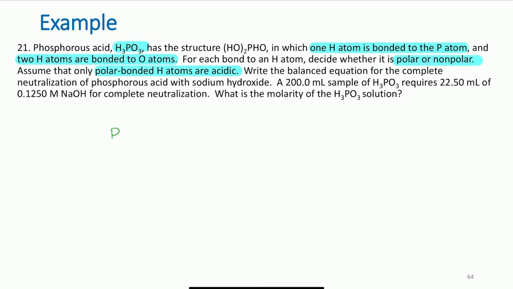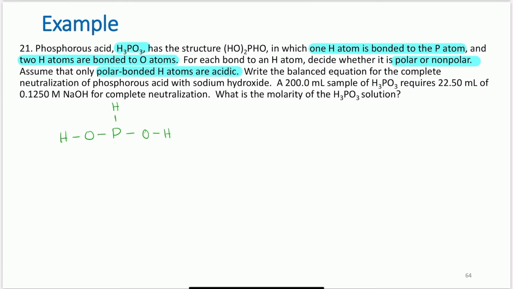I've got your phosphorus, and it says my phosphorus has one hydrogen bonded to it, and two hydrogen atoms are bonded to the oxygens. I've used up my H3, my P, two of my O's. I'm going to put my last oxygen here. Why double bonded? Because add up your valence electrons and add up your formal charge, and you'll see that it needs to be double bonded there. Everything has a formal charge of 0 now.